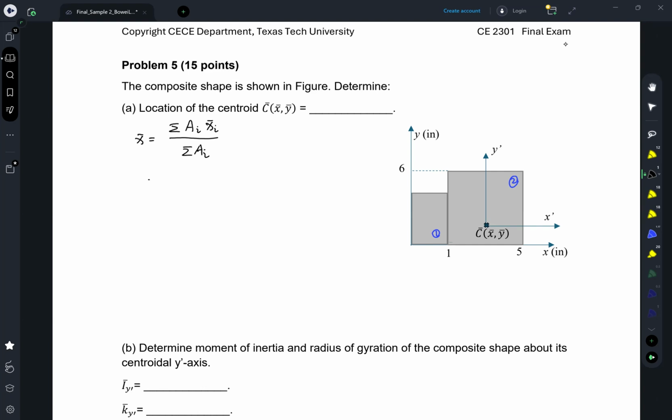Okay. So now specifically for this problem here, for area 1, we are supposed to find the area of the rectangle here.